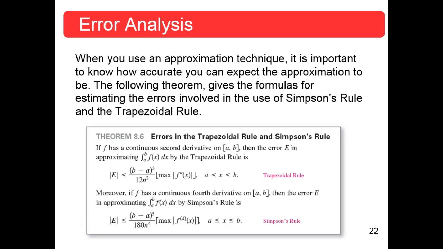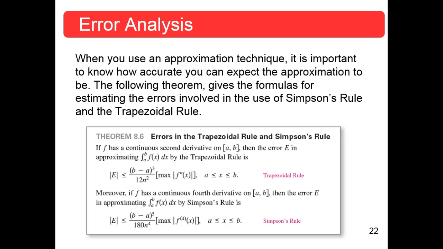So a bigger interval, you expect to have a bigger error. Divided by 12 n squared. The more intervals you have, the error goes down really, really fast. And we saw that too. Times the maximum value of the absolute value of f double prime on that interval.